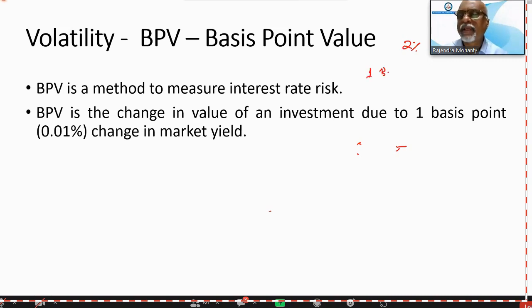So for 1 BPS, how much will be the change? 2% means 0.02, and 0.02 equals 100. So 100 divided by 0.02, into 0.01. Whatever the amount comes, that will be the thing. How much is it coming?